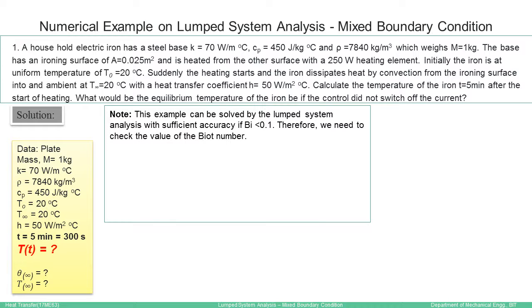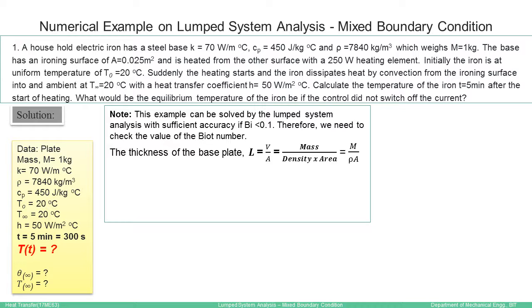We can check the Biot number. To check the Biot number, we need the characteristic length or thickness of the plate. Here, in this case, we take the direct equation L is equal to V by A. If you take V by A, there is no necessity to divide this L by 2 again, because the definition of L is taken here. V is the volume, which is mass by density. You know that density is mass by volume.